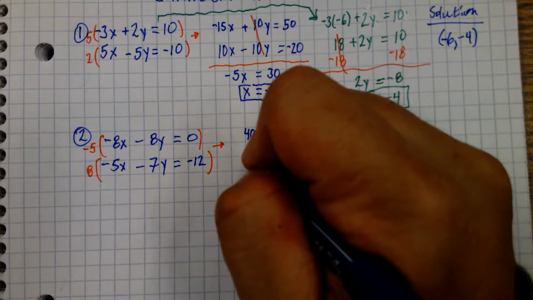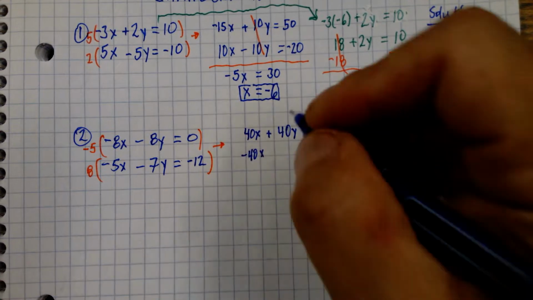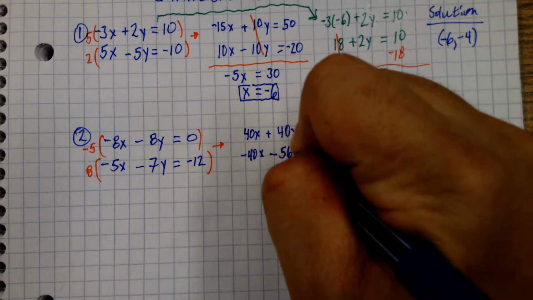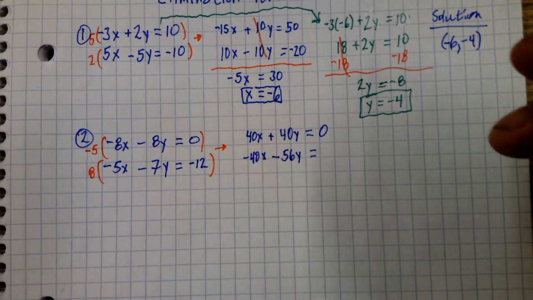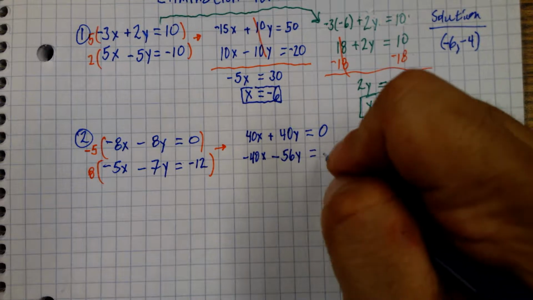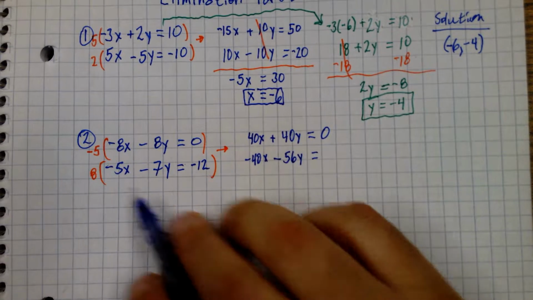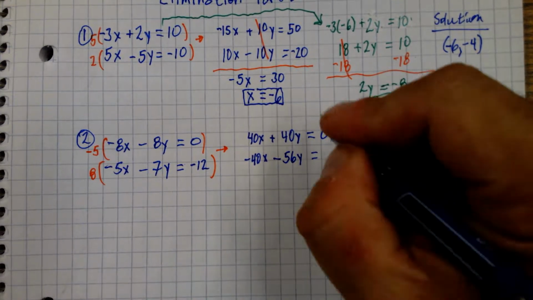Here we're going to get -40, which is why we did all of this. And then -56y equals -96. Is it going to be -8 times -12? -96.